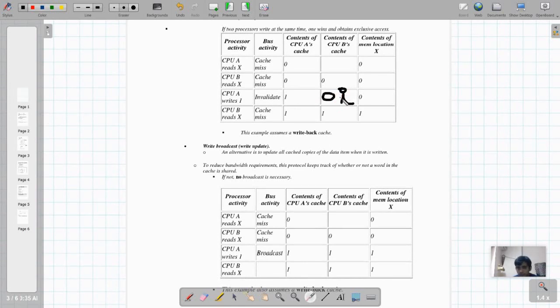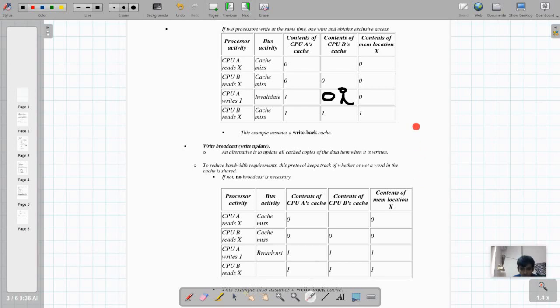So if you want to provide it with the updated value, now CPU A will send a write update message to the shared bus with the updated value, and it will be captured by CPU B, and the cached copy of it will be updated with the new value.